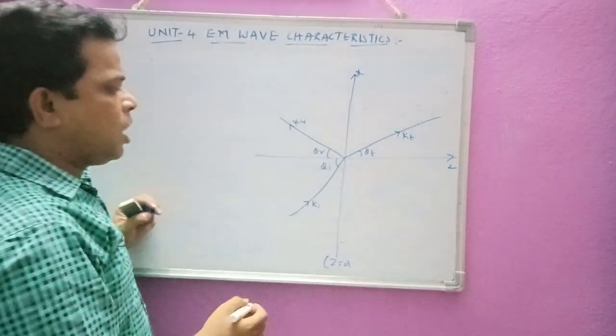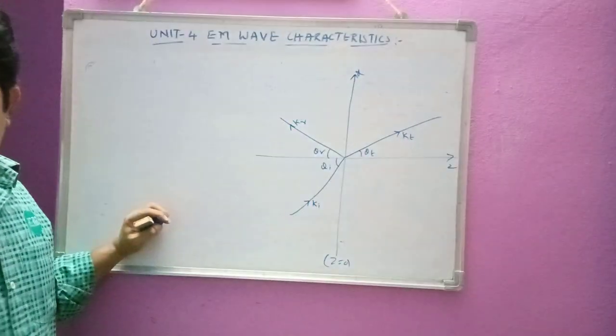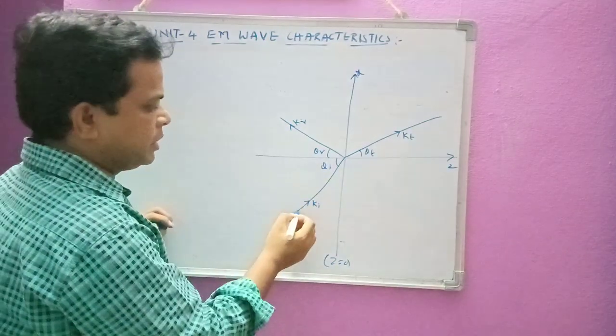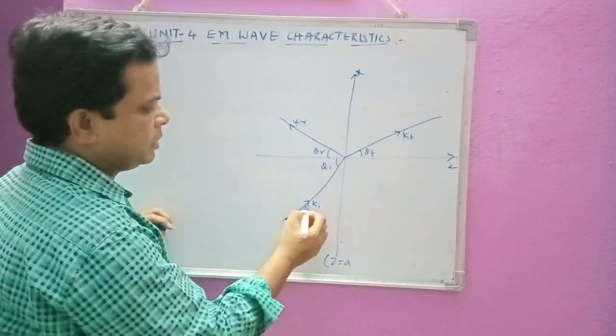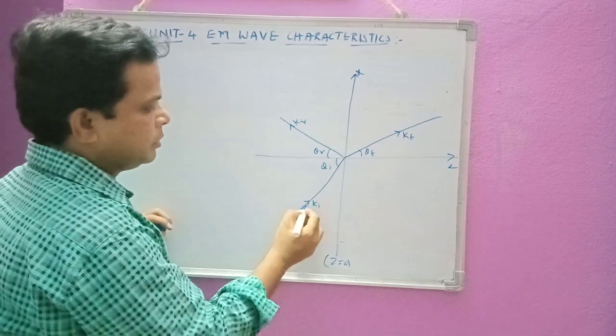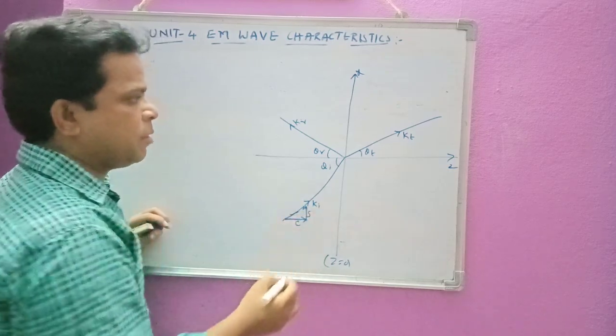Now I have to write the propagation vectors here. For theta i, I can write it like this: this is the cosine component and this is the sine component.